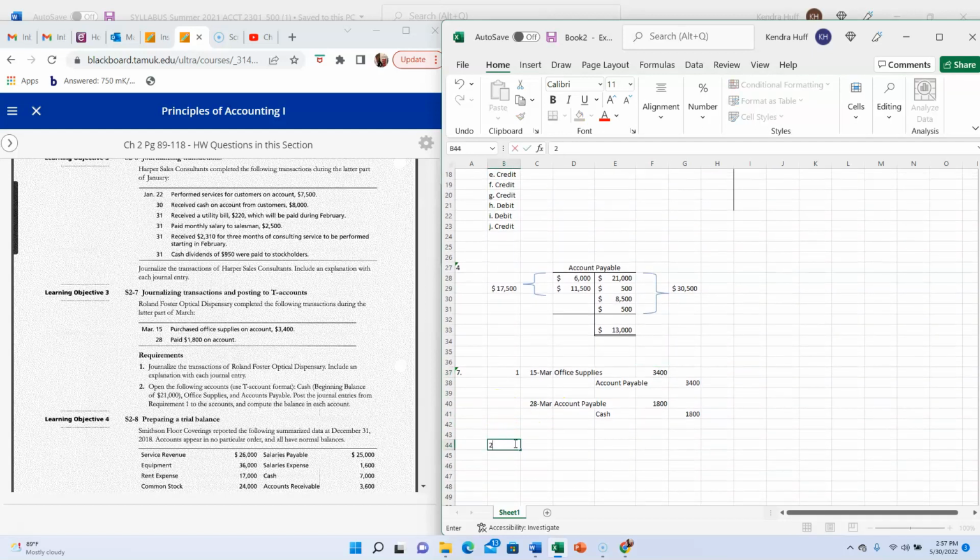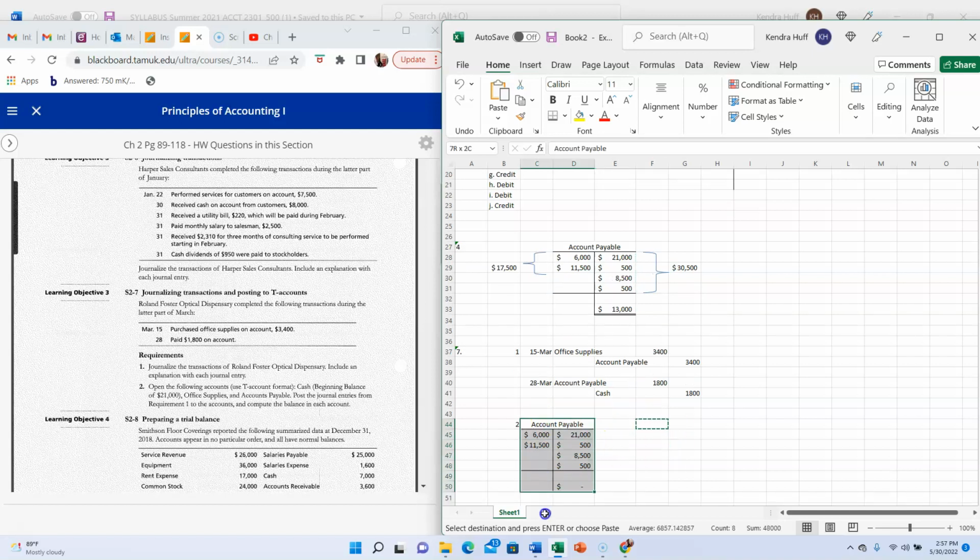All right, now part 2. So T accounts for cash. Yeah, I'm actually just going to copy this. And I'll fix it. Cash. Office supplies.